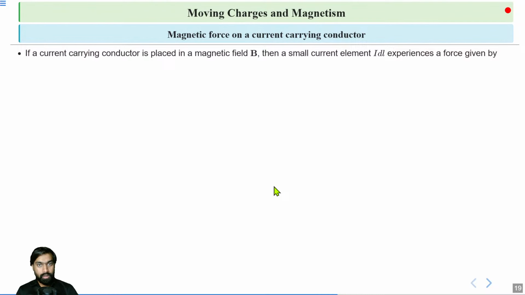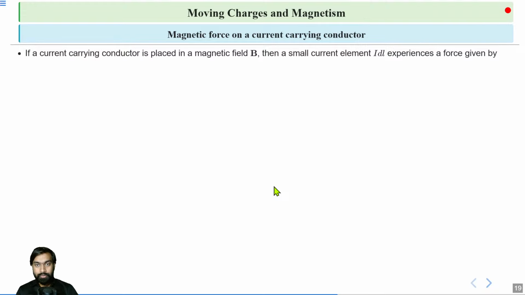Now we will talk about magnetic force on a current carrying conductor. When a conductor carries an electric current and is placed inside a magnetic field B, it experiences a force due to the interaction of the magnetic field and the moving charges, electrons, inside the conductor.